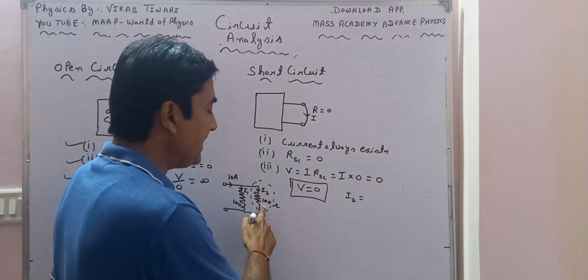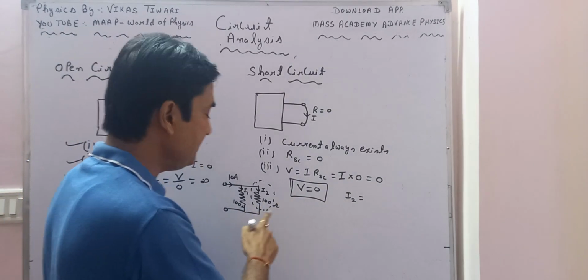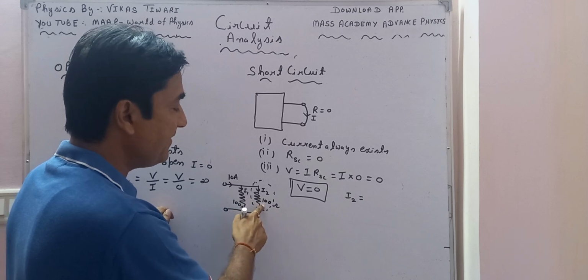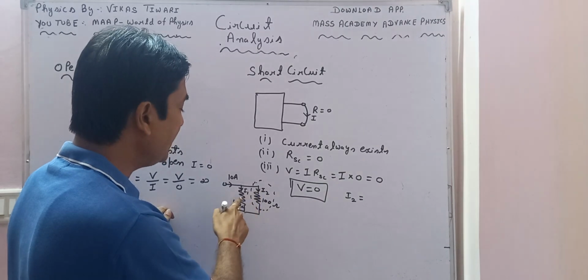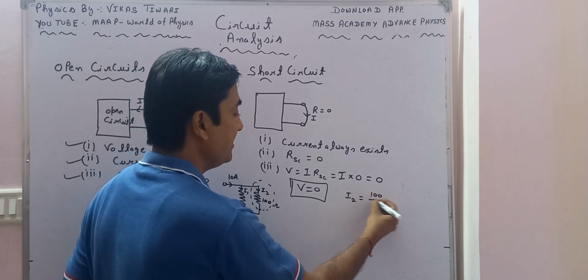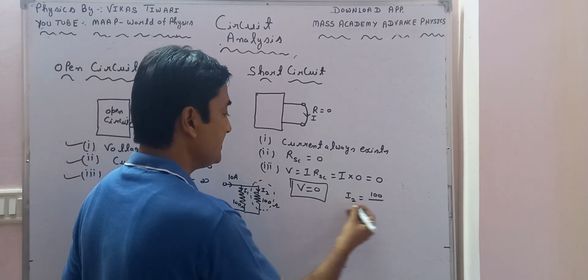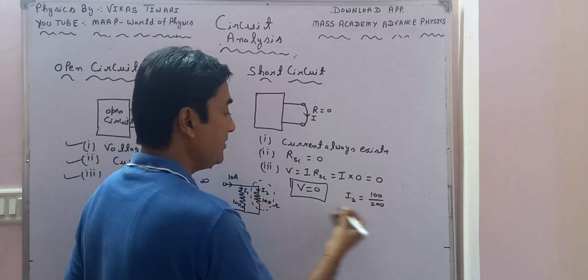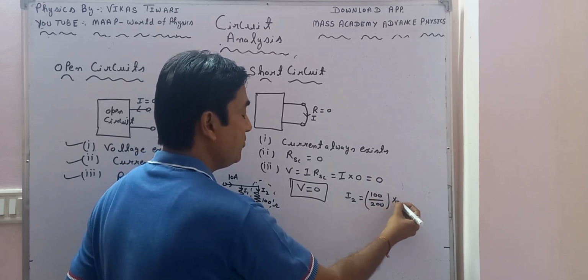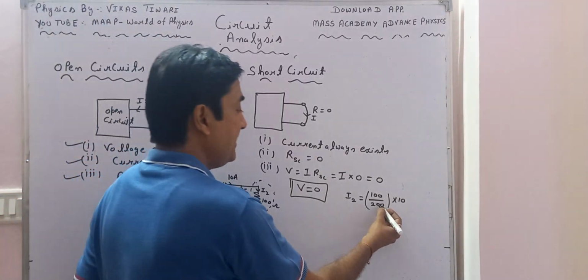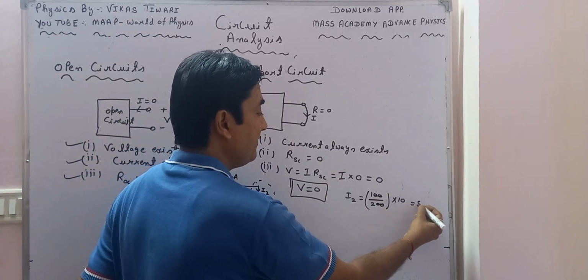By applying the current division theorem, what is the resistance in front of this resistance? If I am finding I2, I will take this particular resistance. So I will say 100 upon the sum of these two resistances, which is 100 plus 100, 200. And the total current is 10 ampere, so it will become 5 ampere.